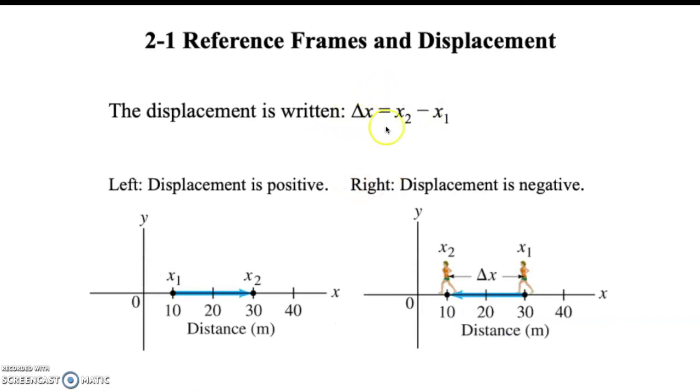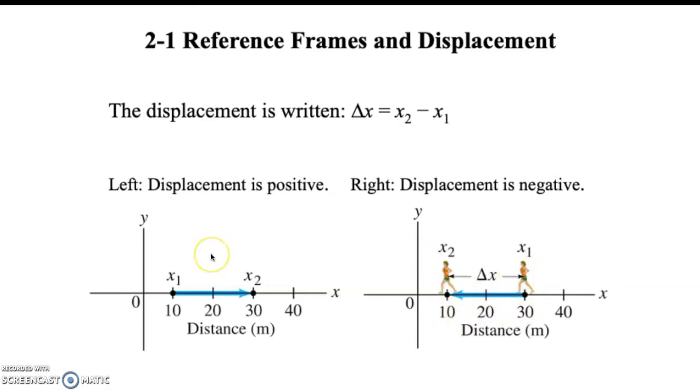So displacement is x2 minus x1. Let's say we're traveling to the right on an x-axis. We would take 30 minus 10, which means our displacement would be 20. But let's say we're moving to the left. Now we would take 10 minus 30, which means our displacement would be negative 20 because we're going to the left.